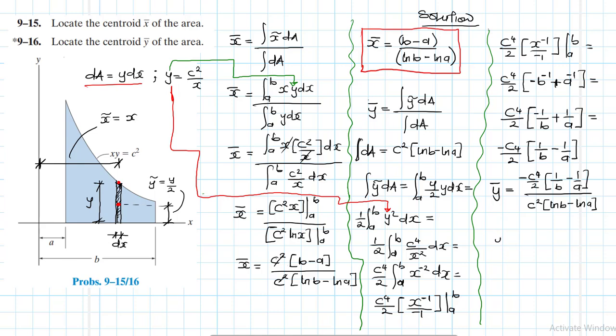And then if we do the division, part of this cancels out, and only c squared will remain there.